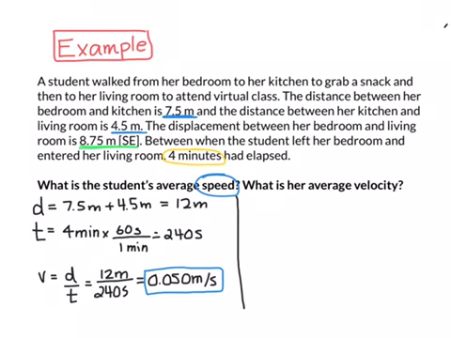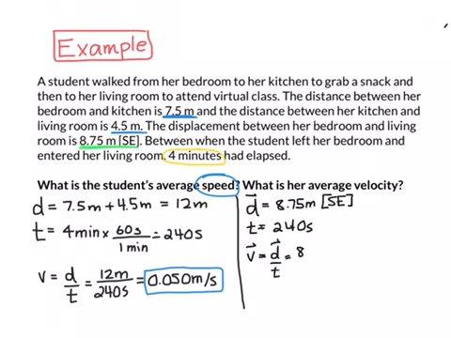We're going to do a similar calculation for our velocity. So here our displacement is 8.75 meters southeast, and our time is 4 minutes, and we already know that that's 240 seconds. So no need to do that unit conversion again. So our equation for velocity is displacement over time.